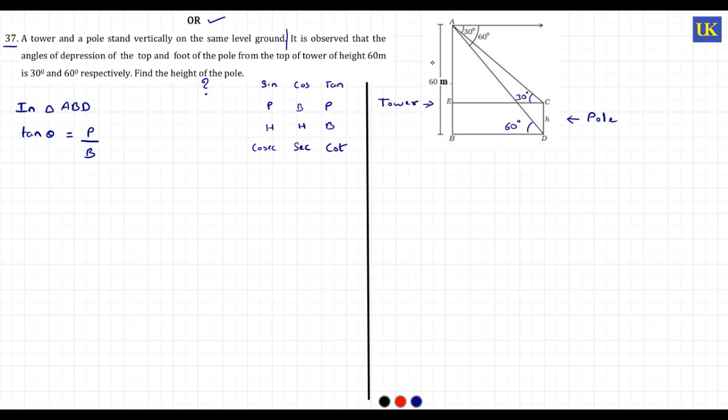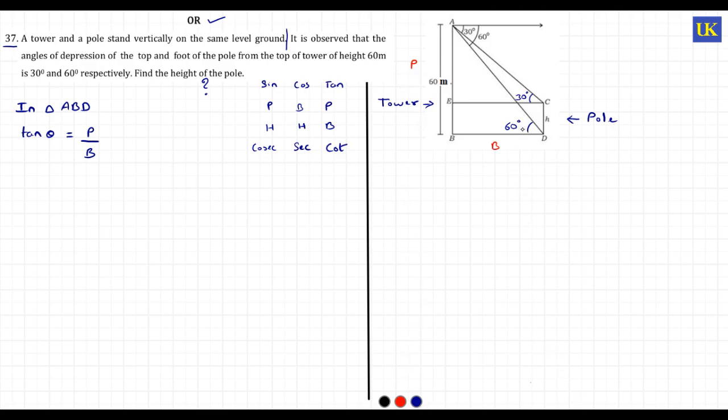Why I'm taking perpendicular divided by base is because, see, if this is theta, then the side opposite to this will become perpendicular. Let me write it in red.